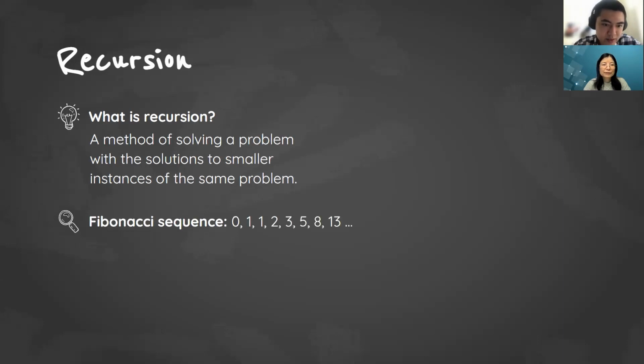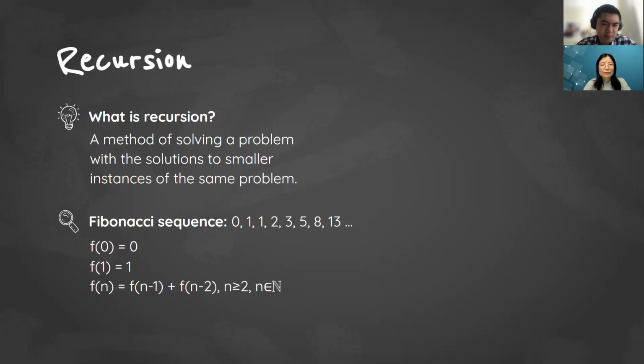This is the Fibonacci sequence number. When n equals 0, then it's 0. When n equals 1, then the number equals 1.